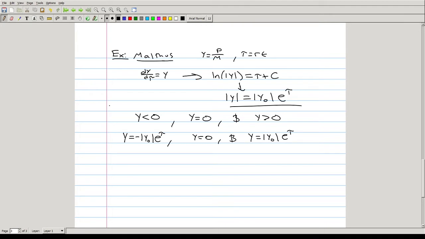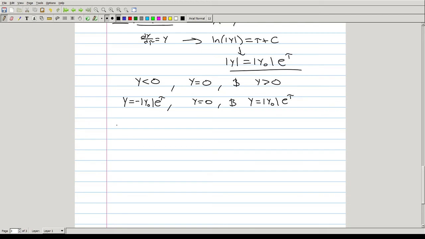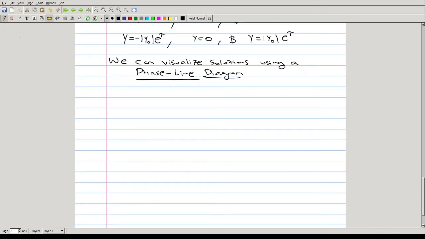And we can visualize these 3 solutions, or these 3 orbits, using what's called a phase line diagram. And we'll see that this is one of the big concepts that we'll be able to extend to systems of 2 differential equations as well.